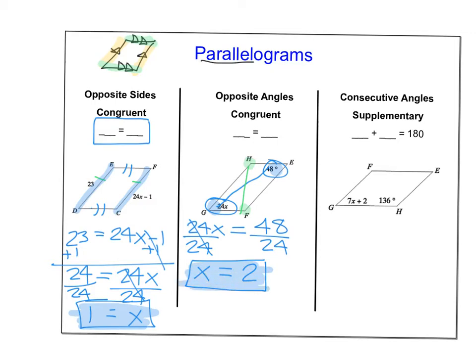All right, and then lastly, we're going to talk about consecutive angles. So consecutive, think about when we talked about the parallel lines last week and those angle pairs. We had consecutive interior. Consecutive, remember, means right next to each other.